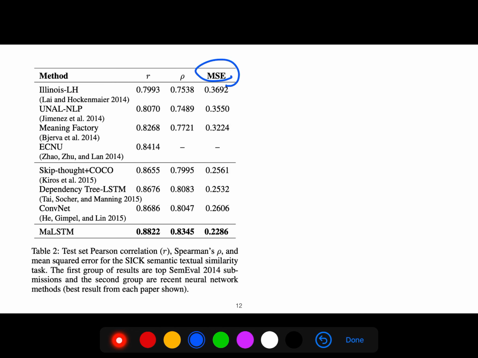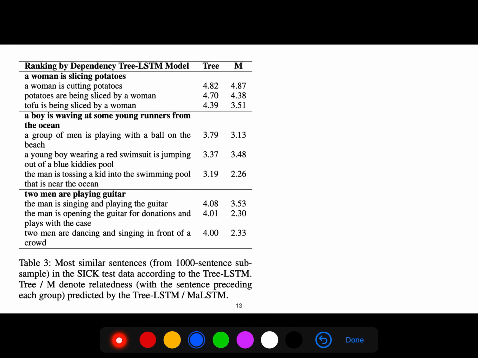You see the error for different methods, and for the MaLSTM the error is reduced in comparison to previous methods. They also tried a 3-LSTM model, comparing sentences.